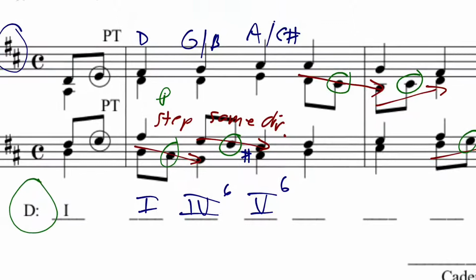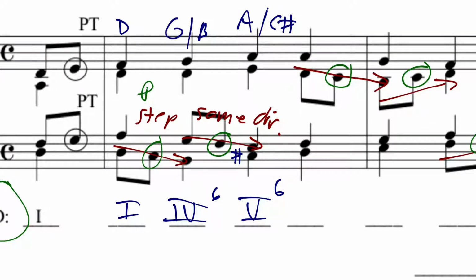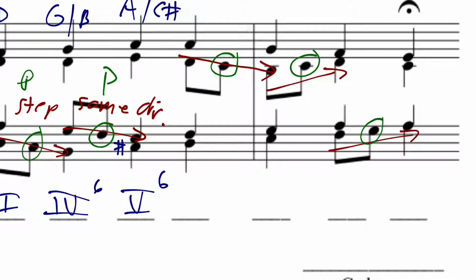Now let's look at what happens in between them. This F sharp isn't part of this G chord, G, B, D. So it's going the same direction. Because of that, resolving by step into the E of the A, C sharp, E chord, then it's a passing tone. So let's write that in there, passing tone. Cool. This next one up, we have D, F sharp, D, and A. So it's a D chord.